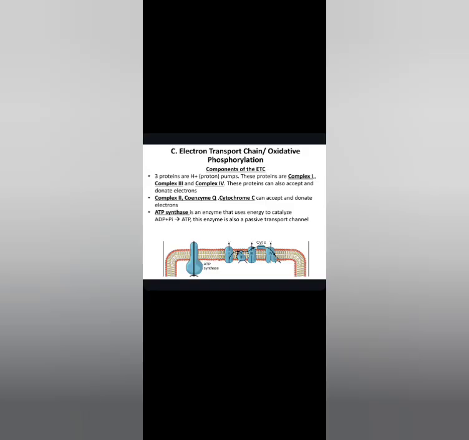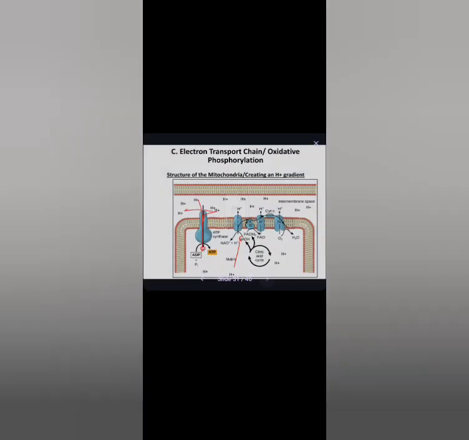Complex 4 receives that high energy electron that now has almost no energy and uses whatever is left to pump hydrogen against its concentration gradient. Now those electrons have no more energy, they're useless, but they have to go somewhere. And so they are given to oxygen to make water, H2O. Which is why again, oxygen is considered the ultimate electron acceptor.